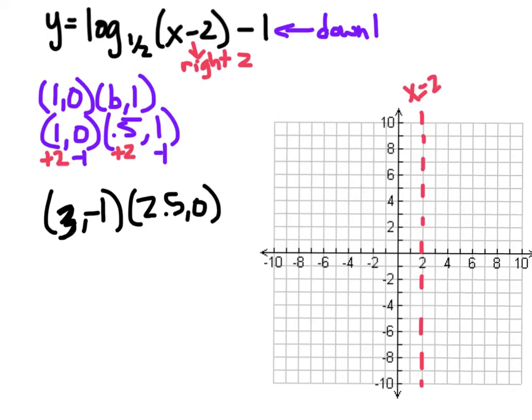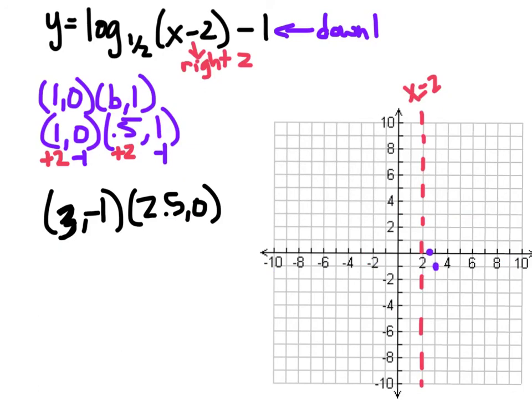2.50. So what's weird about logs is that now these points are kind of in the wrong order, in the sense that this is further to the right than this point. But that'll happen whenever you have decreasing functions. So 2.50 and 3, negative 1.